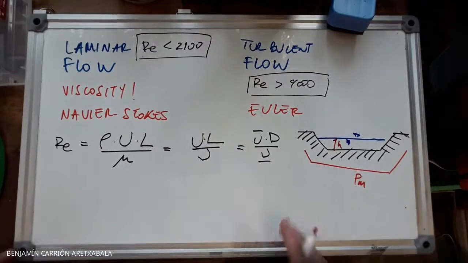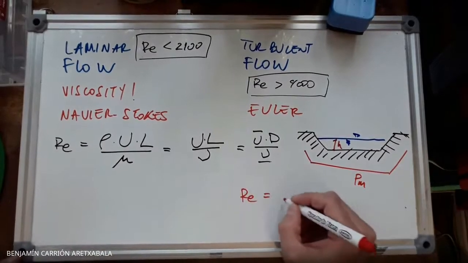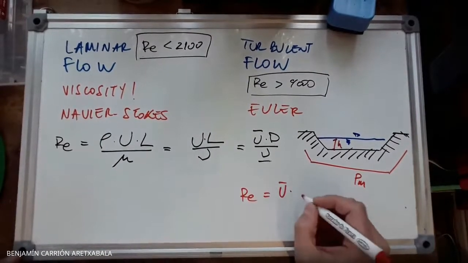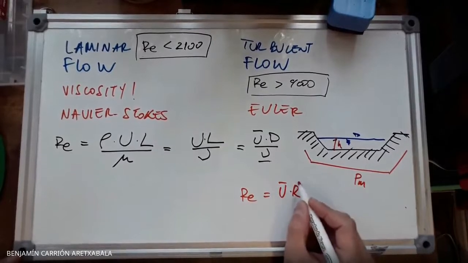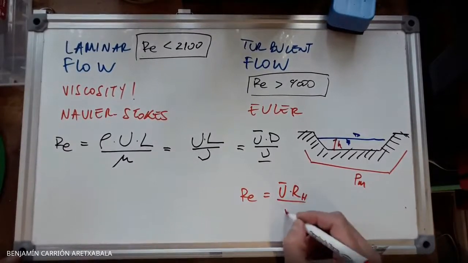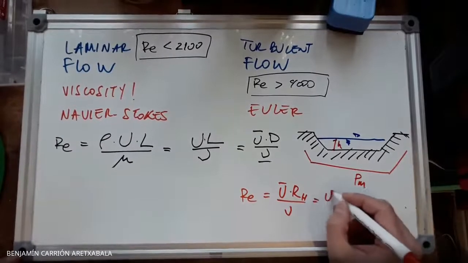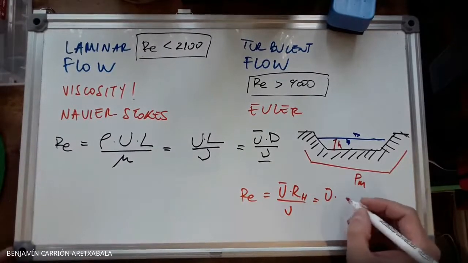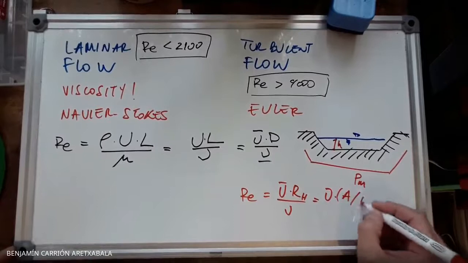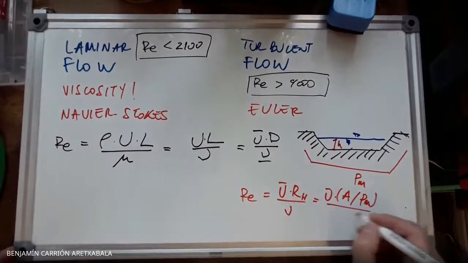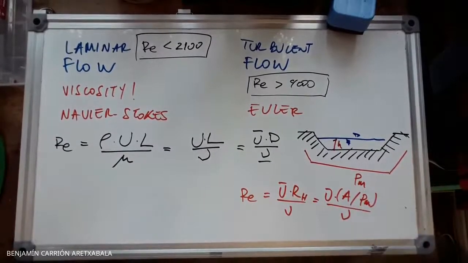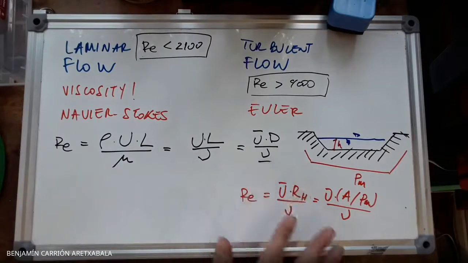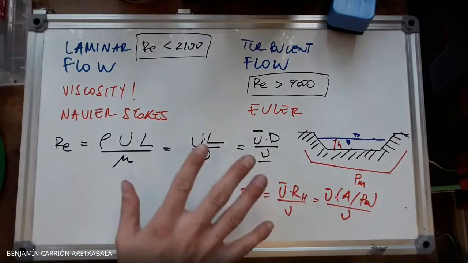So in an open canal, the Reynolds number is going to look something like the mean velocity again, but multiplied by the hydraulic radius, divided by nu, and this is nothing more than the mean velocity times the area divided by the wet perimeter. You don't have to remember this, but depending on the geometry of the flow, there are some ways to represent the Reynolds number.